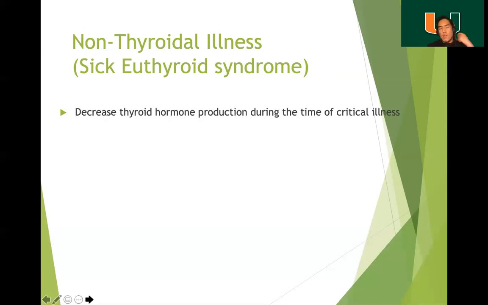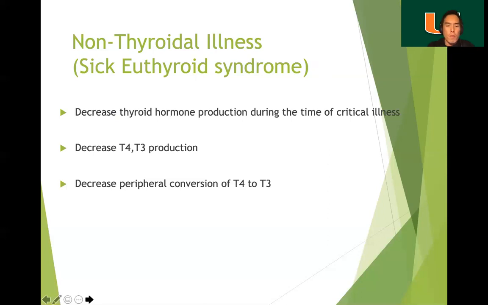It's a condition where there is a decrease in thyroid hormone production during critical illness. Both T4 and T3 production can be decreased, and there's also a decrease in peripheral conversion from T4 to T3. Remember, T3 is the active hormone, so the body tries to preserve the rate of metabolism by decreasing the conversion from T4 to T3.